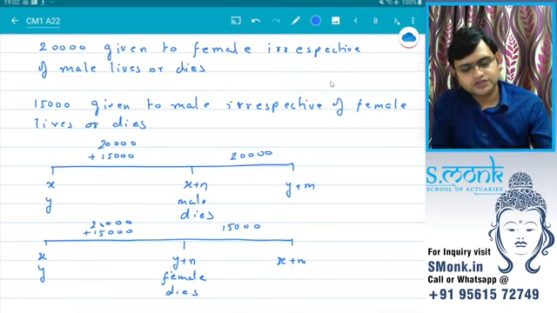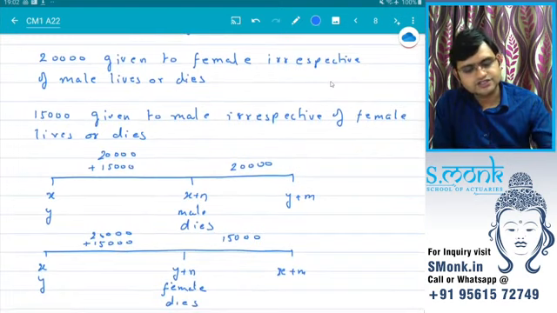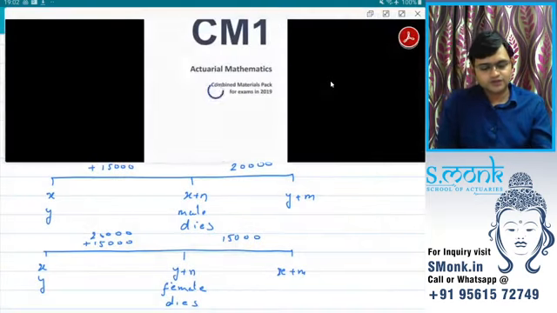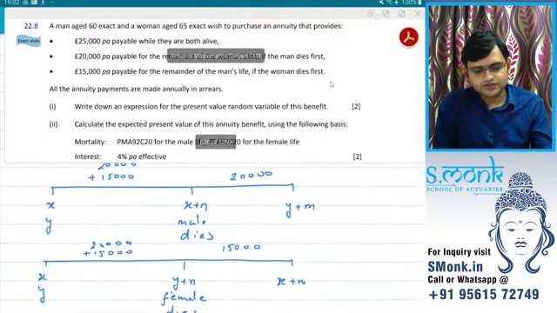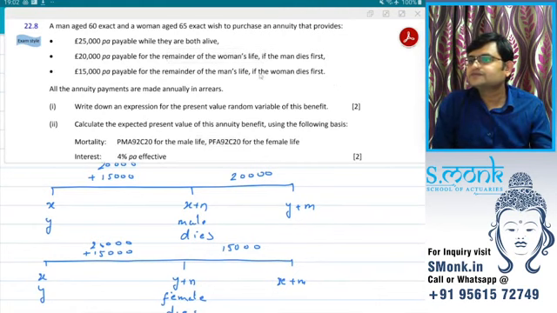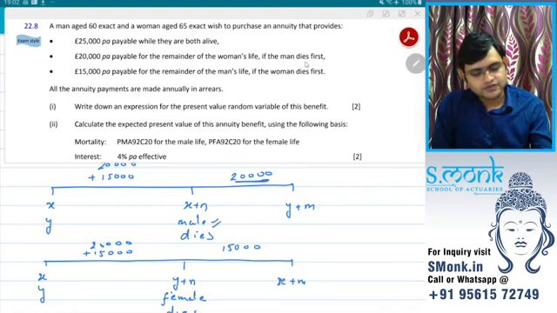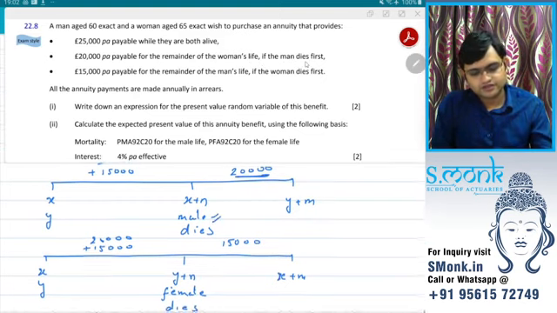So according to the conditions that are given in the question, 20,000 is payable for the remainder of woman's life if male dies first. So if male dies first, 20,000 given to woman. That is perfect here.